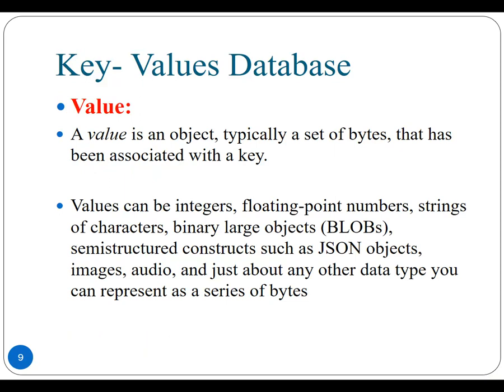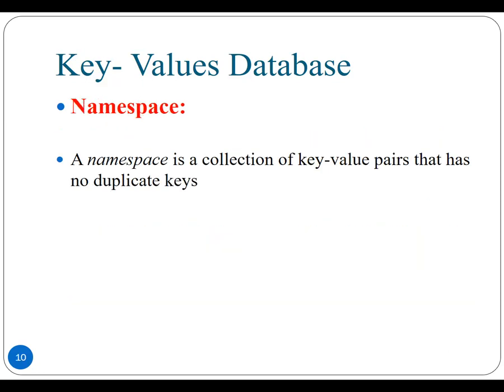The value is the object, which is the value we want in the database. The main thing, that's the data we have. And the same as the keys, the values could have different types: integer, floating point numbers, and different things.